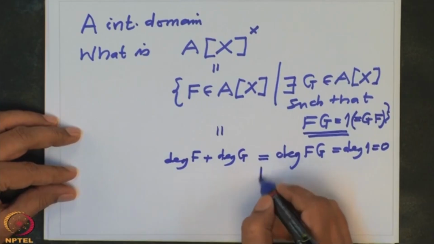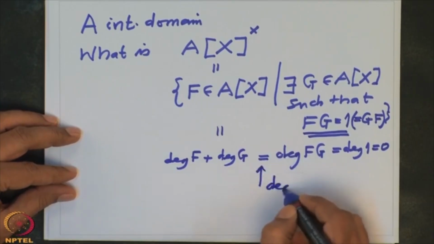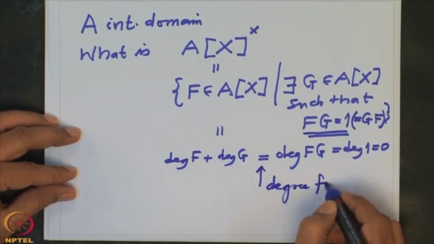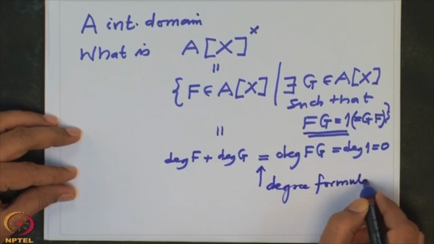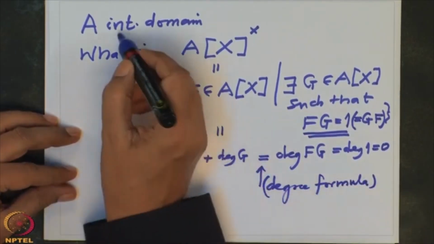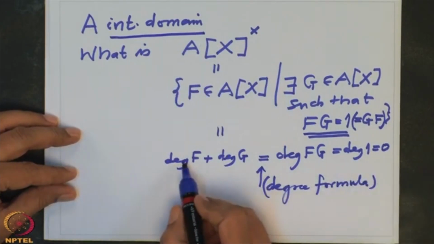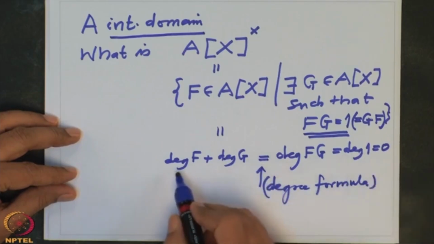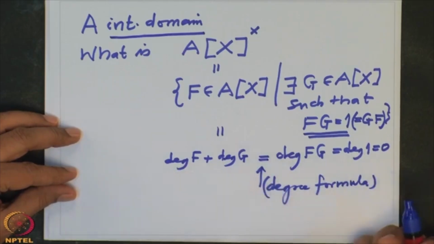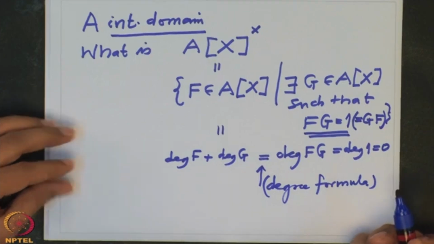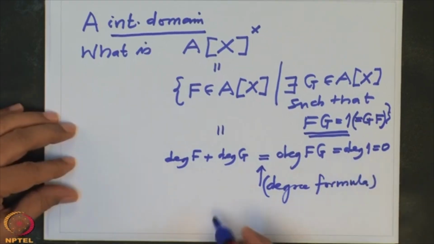This is called the degree formula, and that equality happens because of our assumption that A is an integral domain. So if the degrees are 0, then f should be a constant polynomial, and not only constant, but a non-zero constant. So this set is precisely A cross.